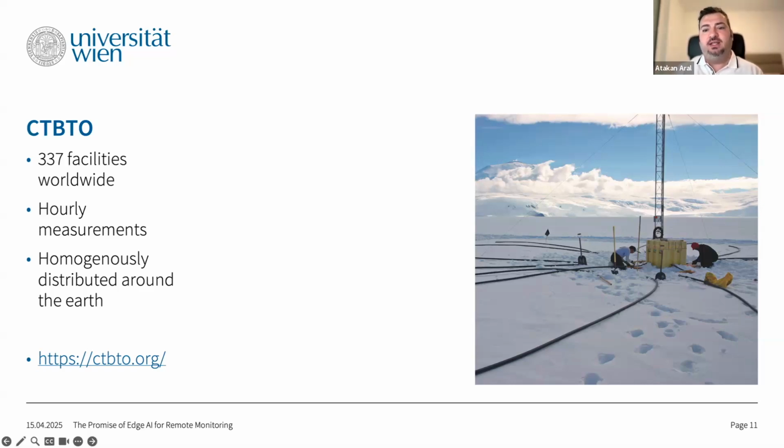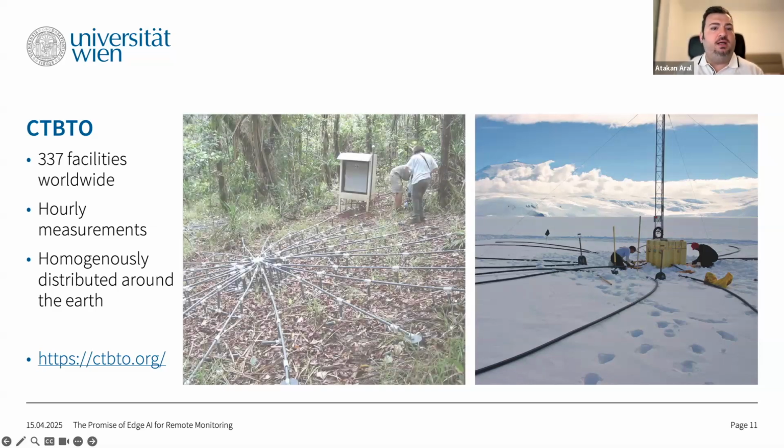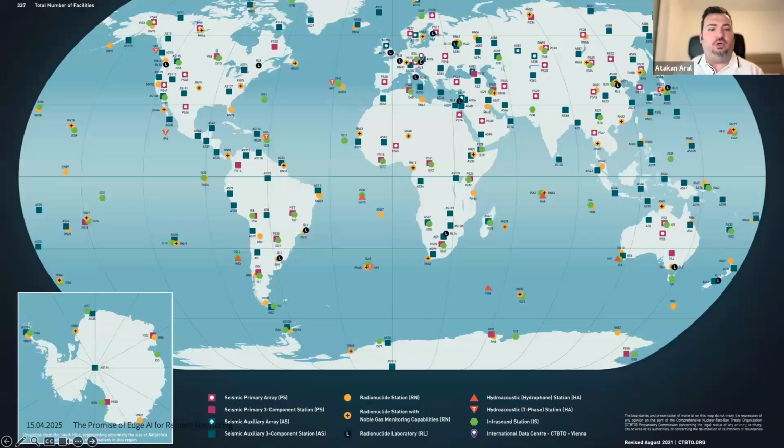To do that, they have a worldwide sensor network. They have sensors at both poles, in rainforests, all around the world, almost homogeneously distributed. And all these examples are remote cases, so the sensors are deployed, as you can see, in non-populated areas all around the world.